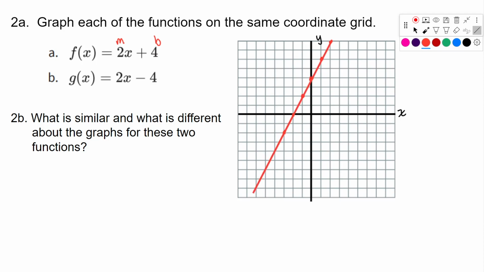So there's our first equation. Second equation, again, slope of 2, y-intercept of -4, so we're starting down 4, and from there up 2, right 1, or we could go down 2, left 1.